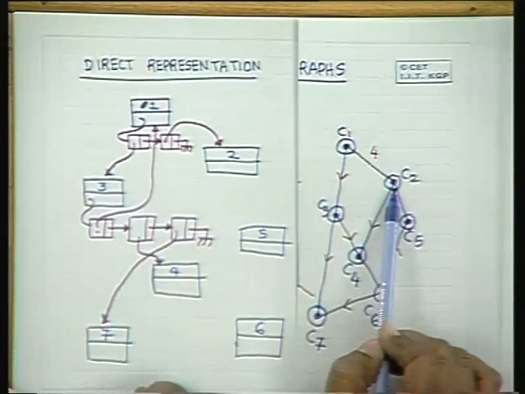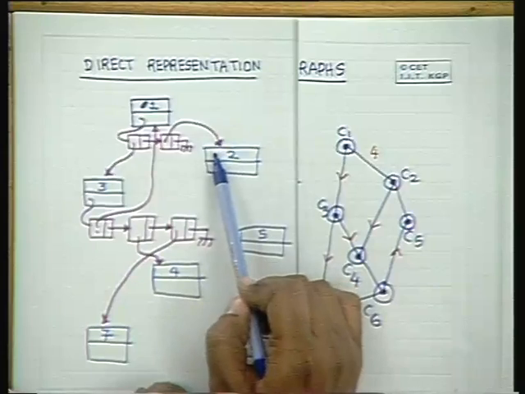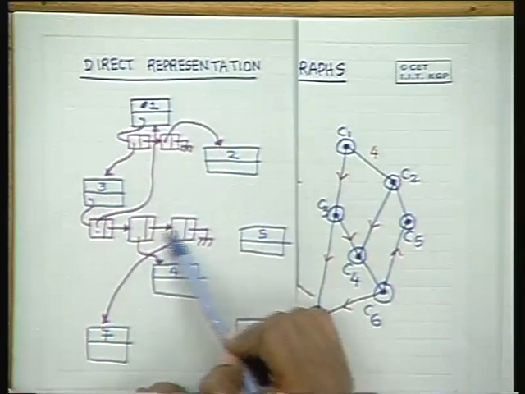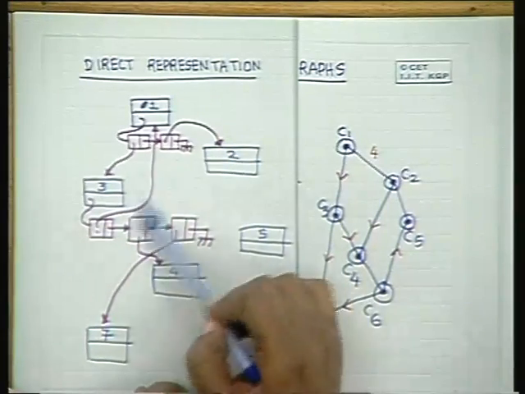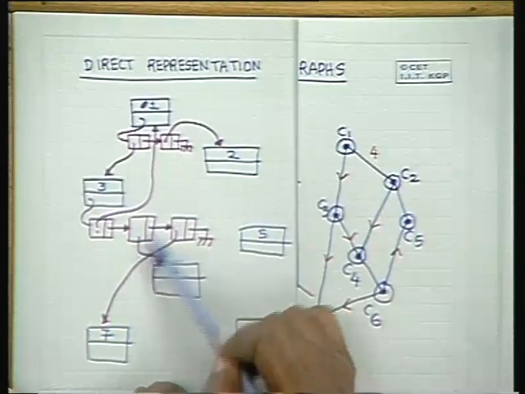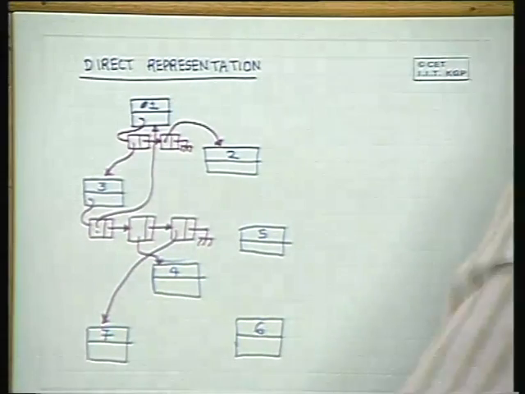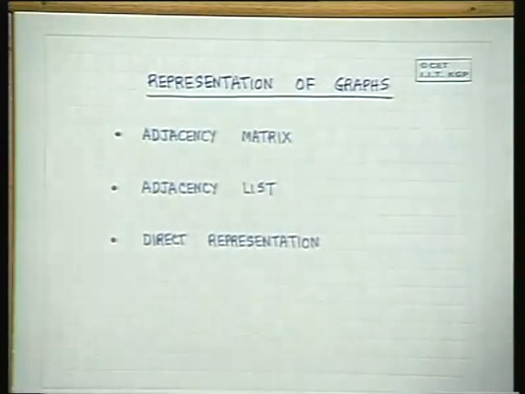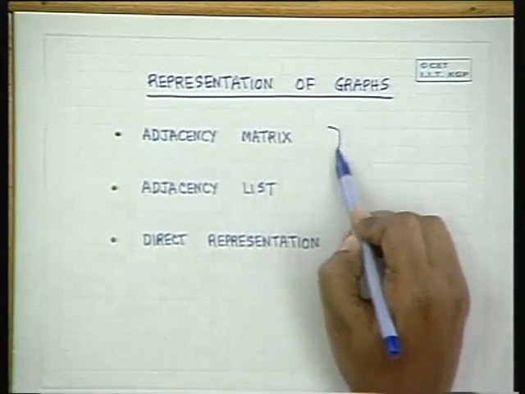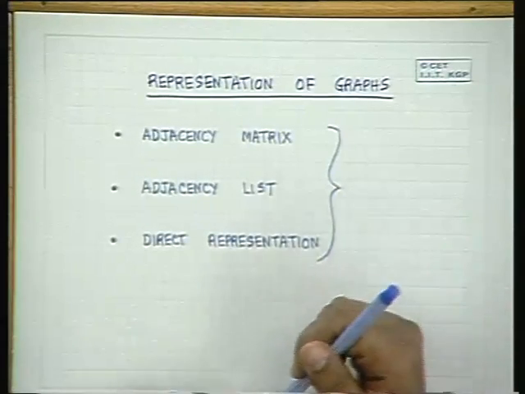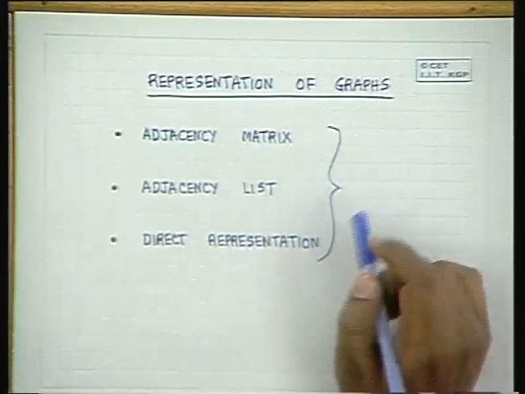This is connected from this to this and this to this. Similarly, this is connected to 3, 1, 2 and 3, so we linked it up. So this way we got a direct representation of graphs. So we discussed mainly these three representations on graphs, and these can be represented in many ways.